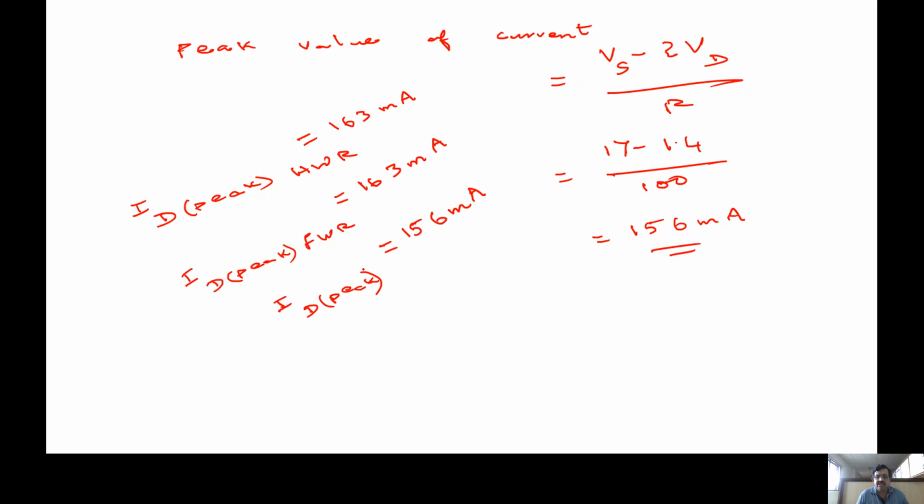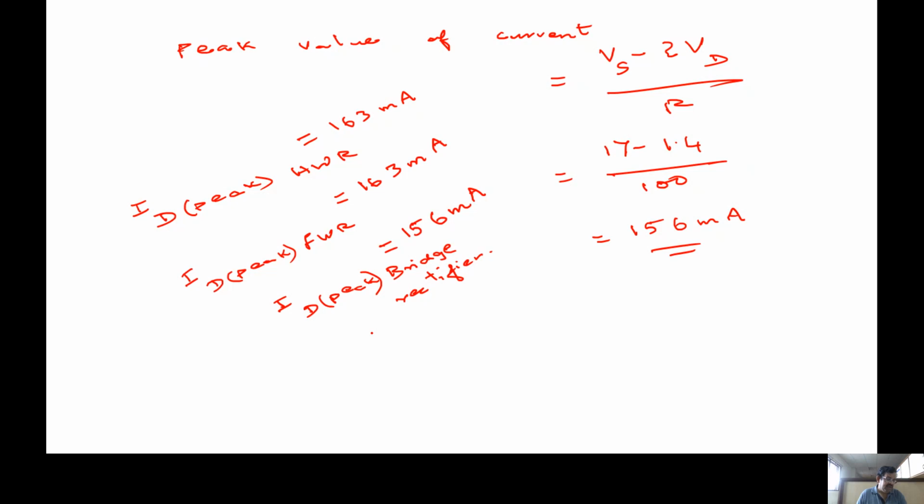So you can see that there is a slight decrease in the peak current, but not really concerning. Bridge rectifier, not really a big issue. Okay, so when we compare, to enable this kind of comparison we have to take the same Vrms input and the same R value. So that is very important.